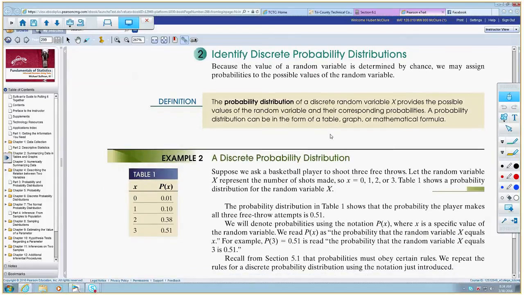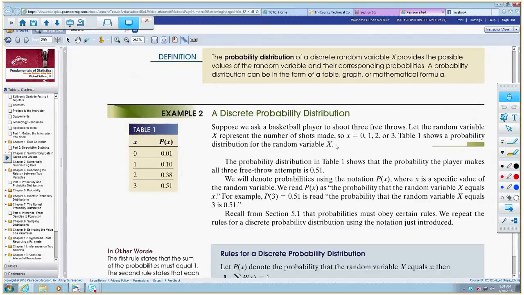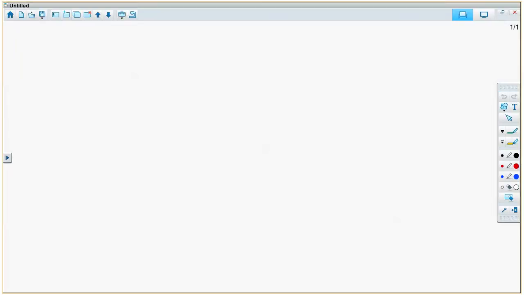Now, let me turn on the whiteboard here. And what am I going to talk about? Well, in the beginning, there was life. I'm sorry. In the beginning, we talked about statistics.